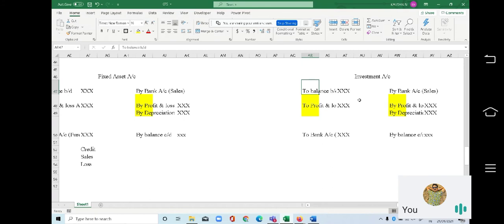Opening balance of the investment will be there, then closing balance of the investment will be there. Similarly, if you have done a sale of the investment, then sales will come over here, and based on the sale proceeds, profit will come on the debit, loss will come on the credit. And depreciation is not there for investment.